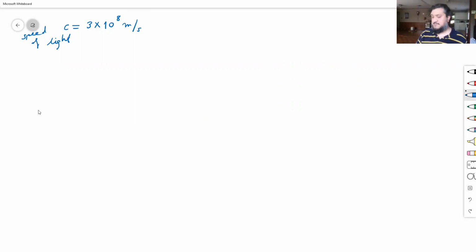So what if the gravitational field is so strong near the boundary of a region in space that the escape velocity is c?